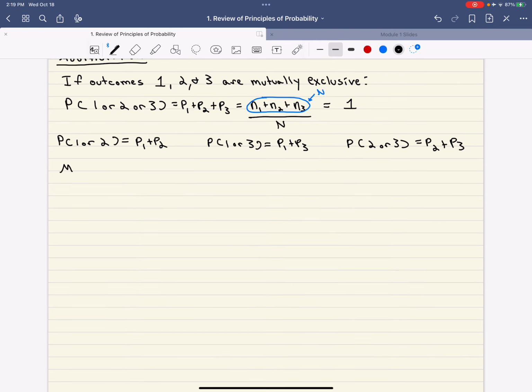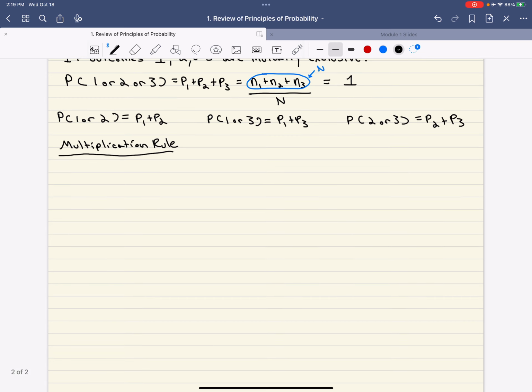Another rule that we could apply is the multiplication rule. Okay. All right, and so this rule applies if the three different outcomes are independent. Okay?